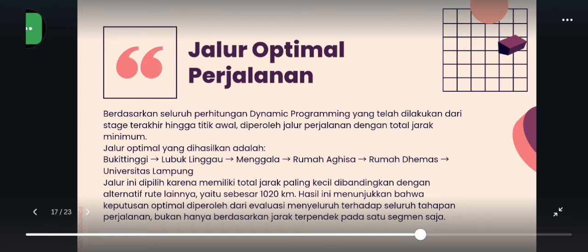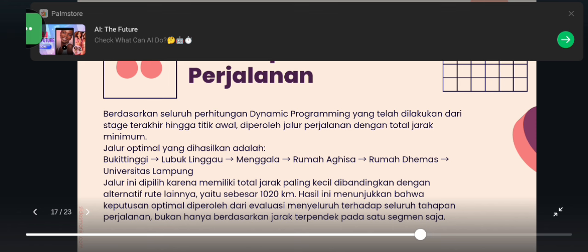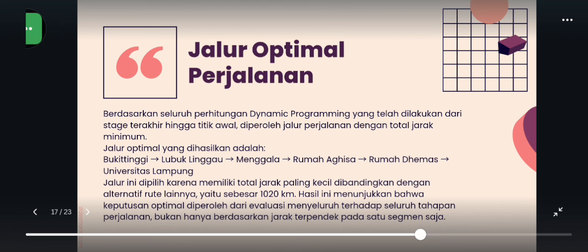This route was chosen because it has the smallest total distance compared to other alternative routes, which is 1020 km. This result shows that the optimal decision is obtained from the comprehensive evaluation of all stages of the journey, not just based on the shortest distance in a single segment.